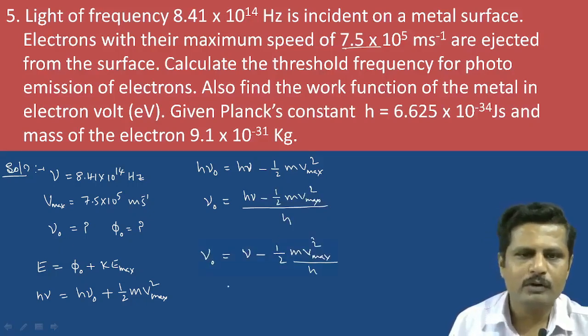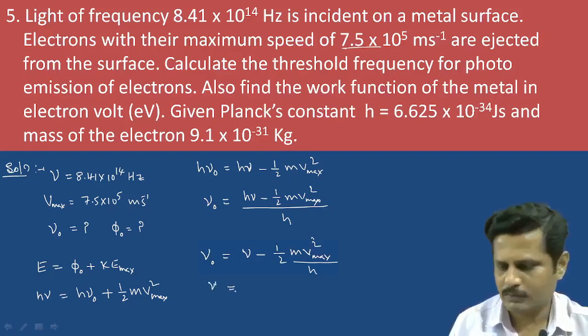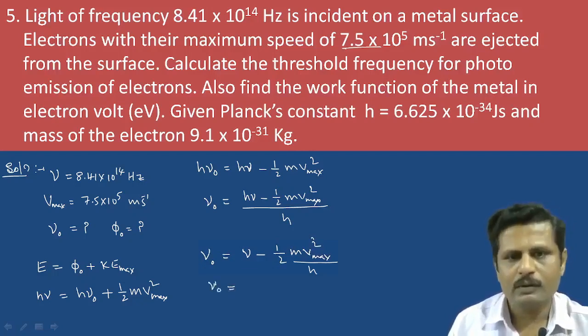Now we can substitute all the values: nu naught equals 8.41 into 10 raised to 14 minus half into the mass of the electron, 9.1 into 10 raised to minus 31, into the maximum velocity of the photoelectron, 7.5 into 10 raised to 5 meter per second, all divided by h.